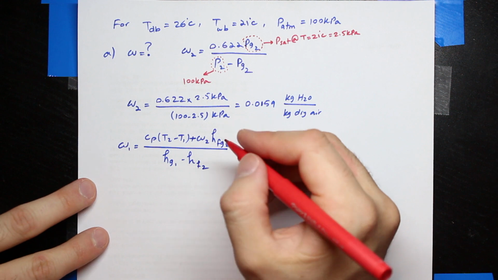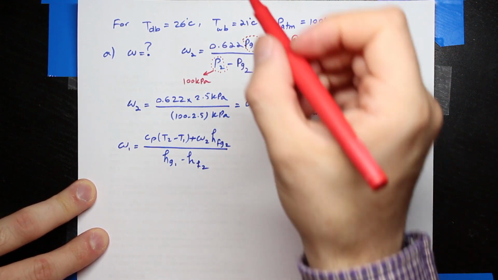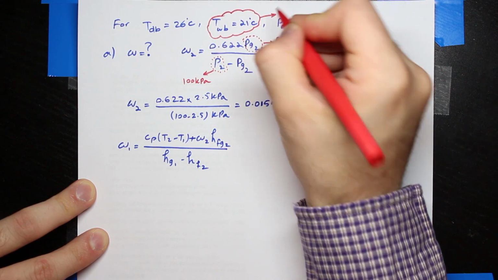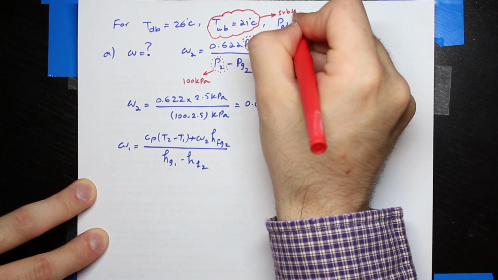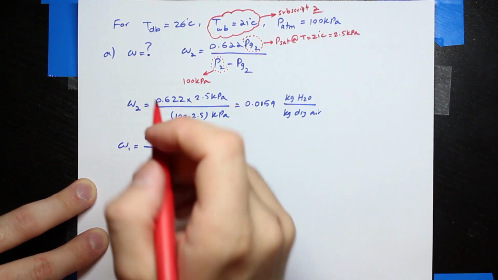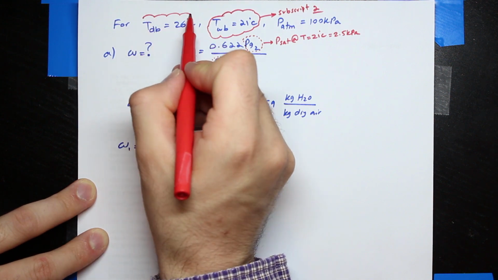All right. Once again, the subscript 2 refers to this condition, so maybe I can say here this is for subscript 2. And this one refers to subscript 1.